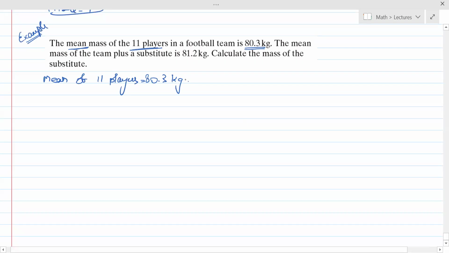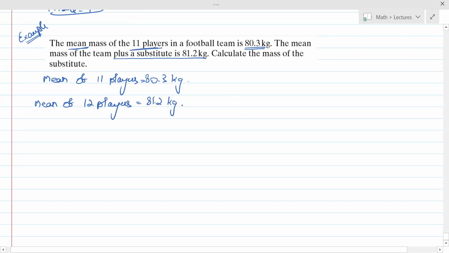And then it says the mean mass of the team plus a substitute. So substitute means initially there were 11 players, and a substitute means that there'd be one more player. So we can say that the mean of now 12 players is equal to 81.2 kg.